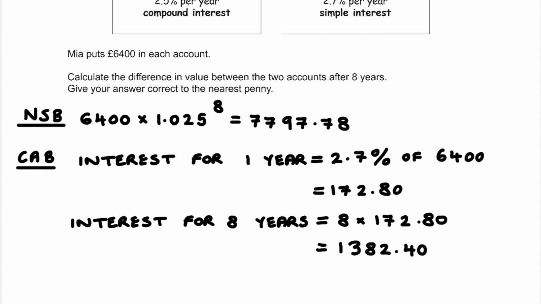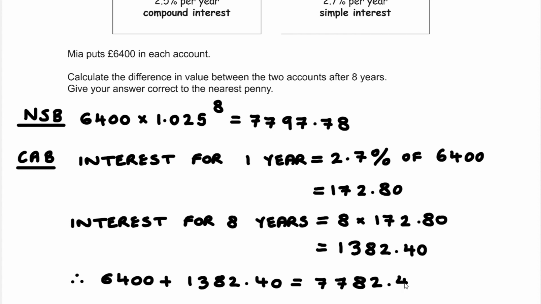So therefore, we can find out the total amount by adding together the 6,400 and the £1,382.40. That leaves us with £7,782.40.